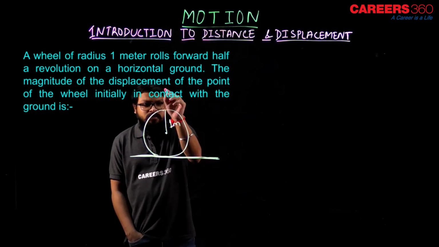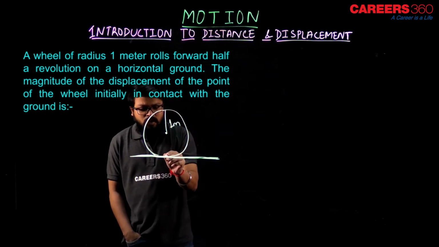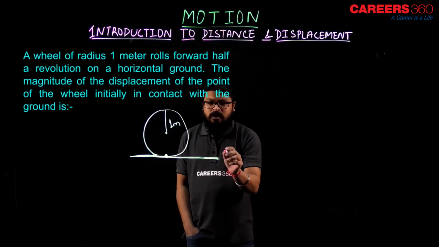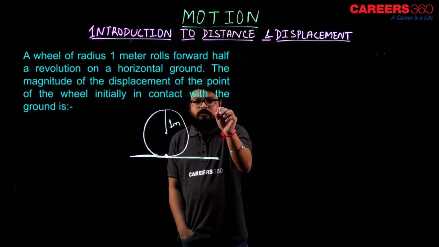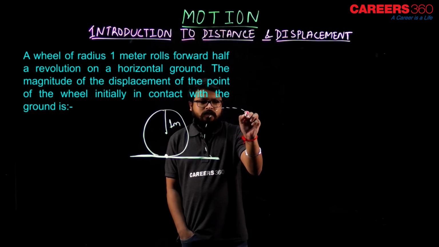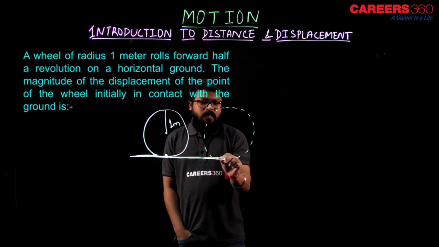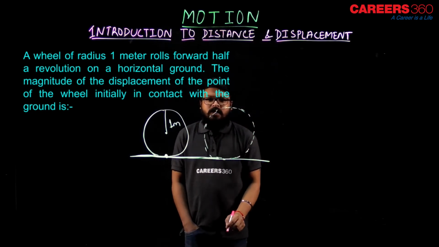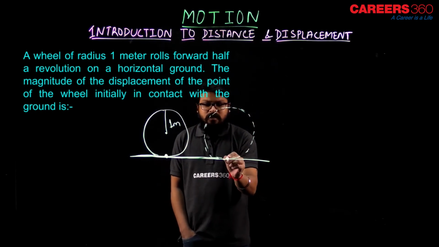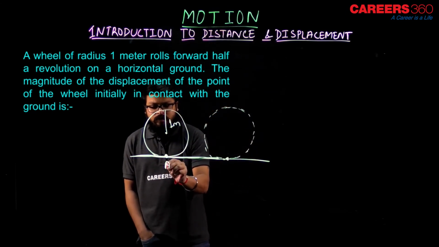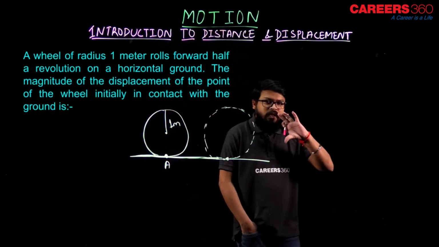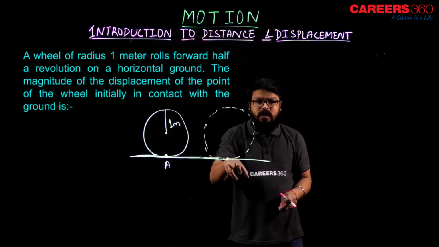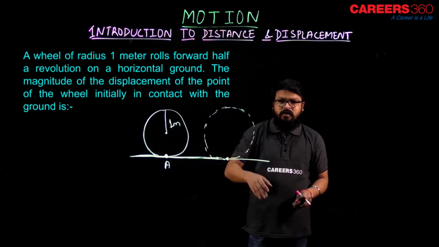As you can see, if I draw the point which is in contact with the ground, after half revolution, suppose it is somewhere over here. I hope you can imagine, suppose this point is A. After one complete rotation, the point A would be exactly on the horizontal ground again, in contact with the ground.